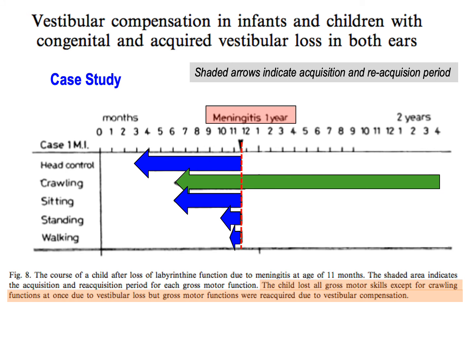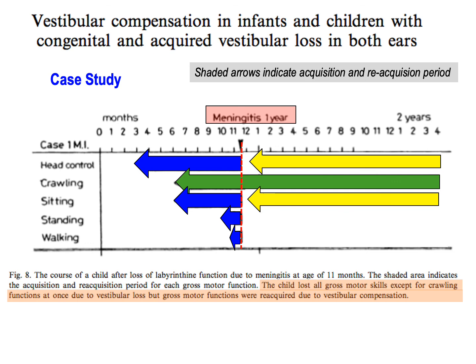Following the meningitis, however, they were set back quite extensively. Crawling never went away. That child could still crawl. But with regards to head control, it took them almost a month, so 2 to 3 weeks, to reacquire that independent head control. Sitting, they reacquired around the same time as the head control, at about 3 to 4 weeks post meningitis diagnosis.